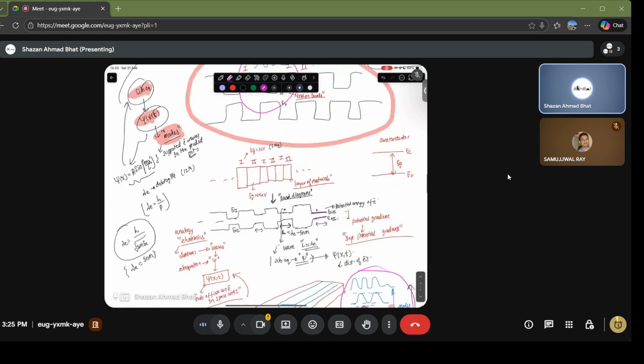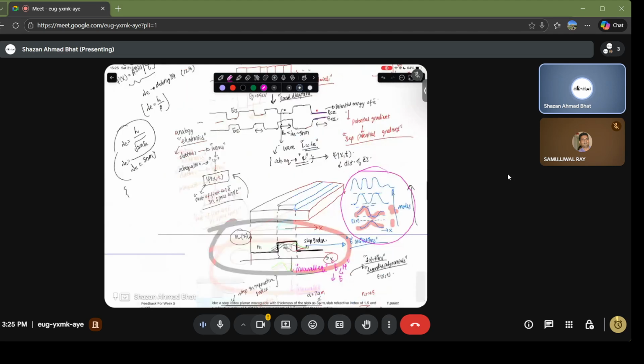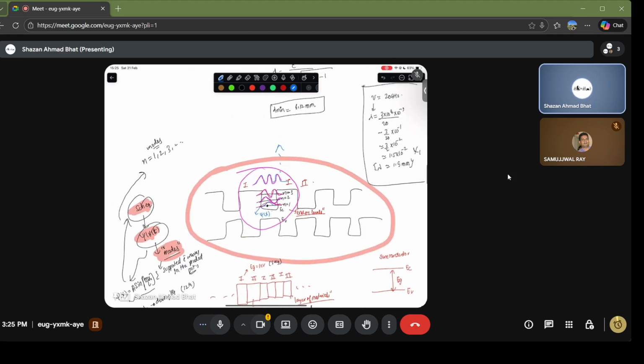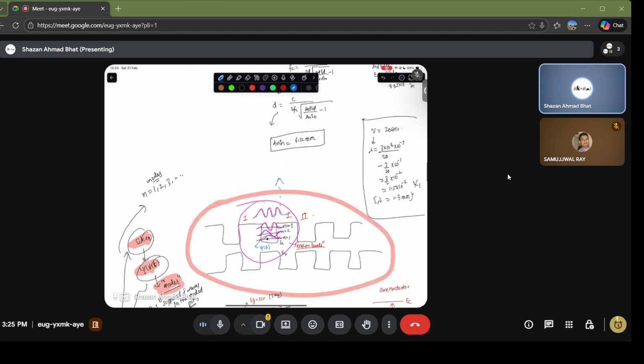If you have understood electronics or electromagnetics, it is the same set of solutions that resembles it, because both are waves. And this particular thing here, these oscillations, shows the oscillations in the wave function of an electron as a function of x. That means if you take one of these regions, and you have n equals 1, which is basically the first mode, this is telling you psi as a function of x.